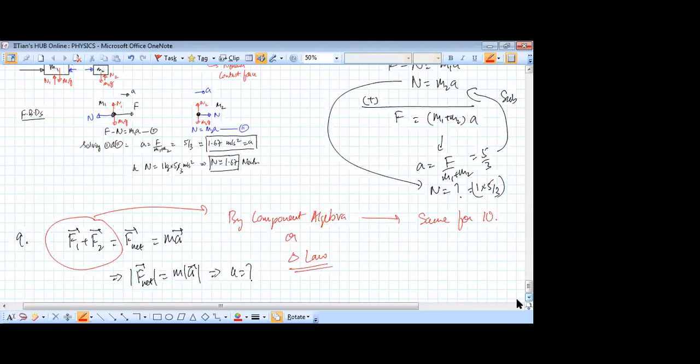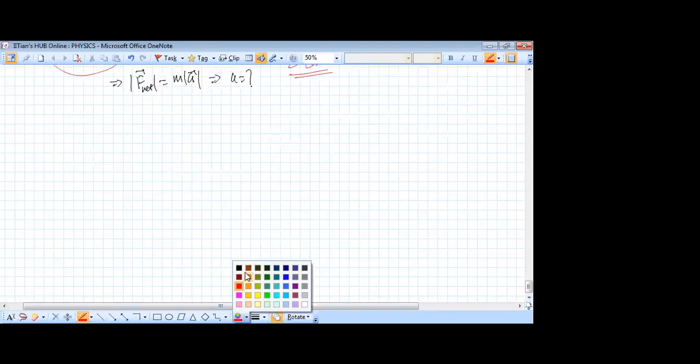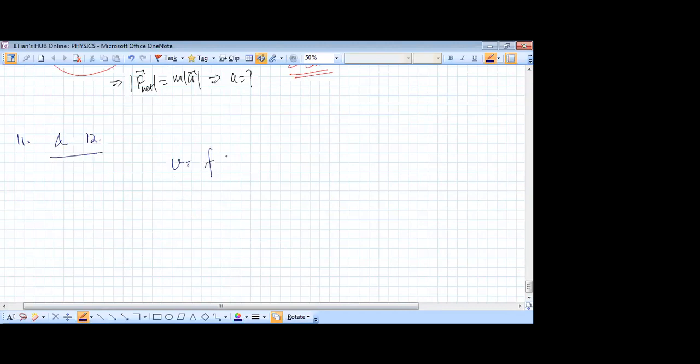Okay. Now in a couple of questions, 11th and 12th, you have to use differentiation. Question 11 and 12, velocity is given as a function of time. So you have to use kinematics, that acceleration is dv by dt. So it is differentiation of that function.